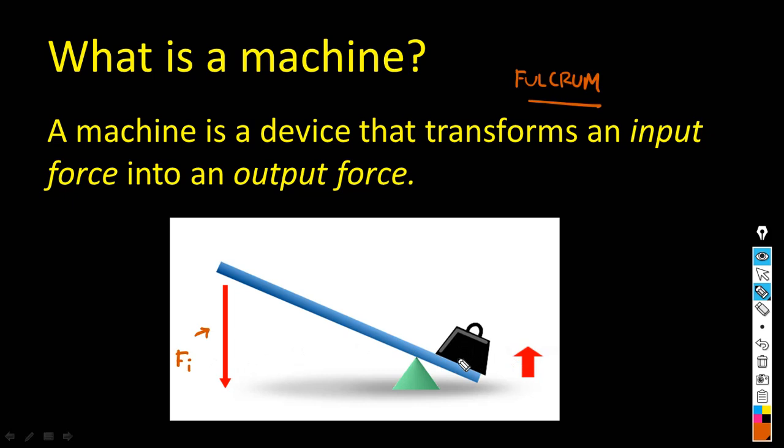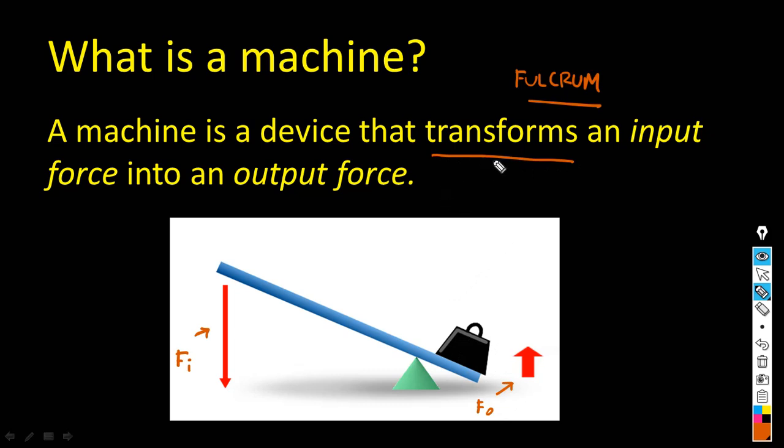And what's coming out of the machine is an output force represented by this arrow. And that output force is going to be applied on the heavy load in order to raise it. So basically we use a lever to raise heavy objects by applying a force on the other extreme, and the device helps us apply an output force on the heavy load. So that is a transformation of the input force.